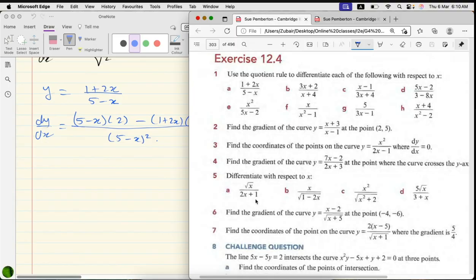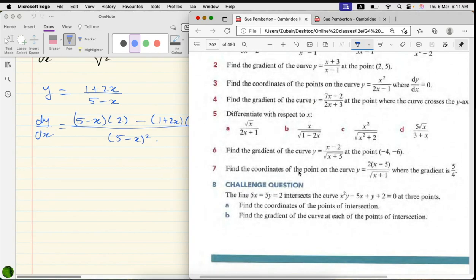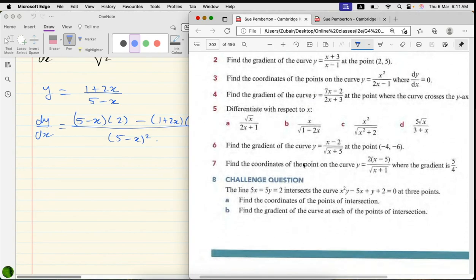Now the nature is the same. We just need to practice. Try question number 2, finding the gradient. It's a similar thing, but now we can substitute.